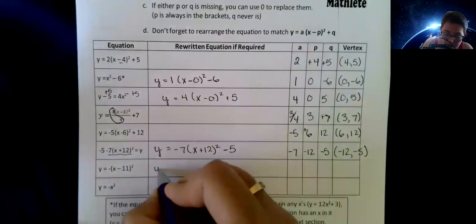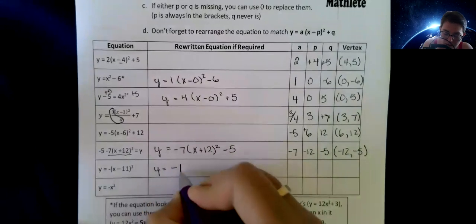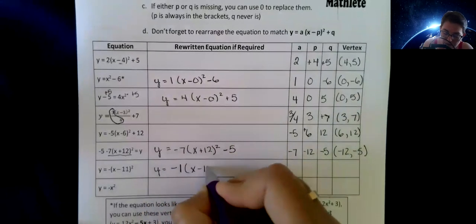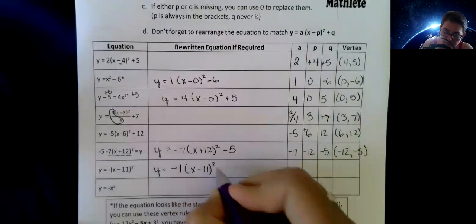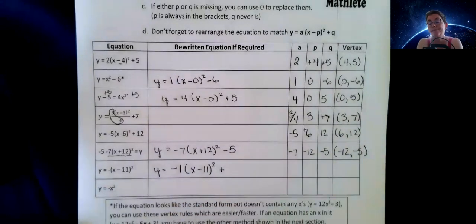So y is equal to minus, I'm putting a 1 in there, x minus 11, squared, plus, well, what can you add to a value or an equation where it doesn't change anything? Think about your bank account. If you have $10 in it right now, and I give you no money, then you still have $10.